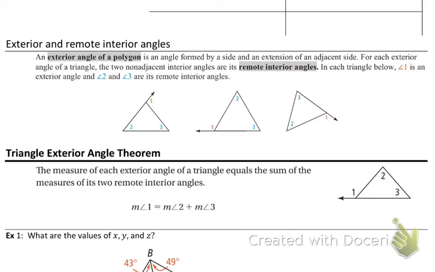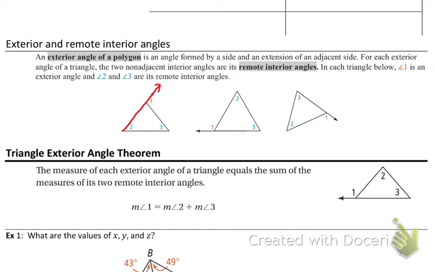What's more important is the next thing we're talking about, and that is exterior and remote interior angles. When you extend the side of a triangle, so I'm looking at this triangle here. I'm specifically looking at extending this side here.